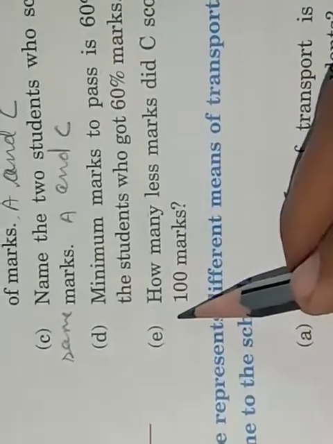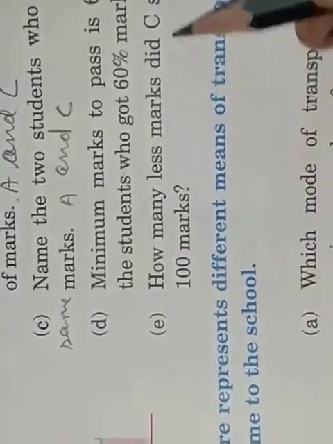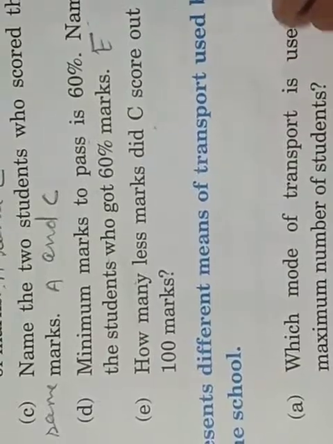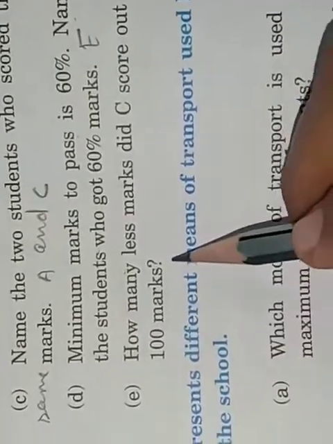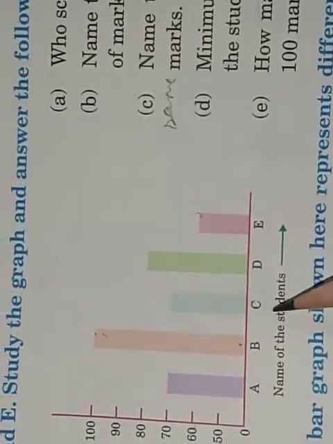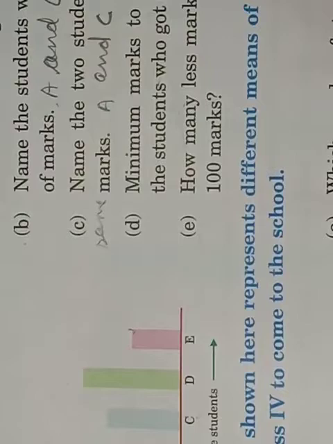Now, question number E. How many fewer marks did C score out of 100 marks? Now, see here. We can see that student C got how many marks? 70% marks. So, how many marks less?